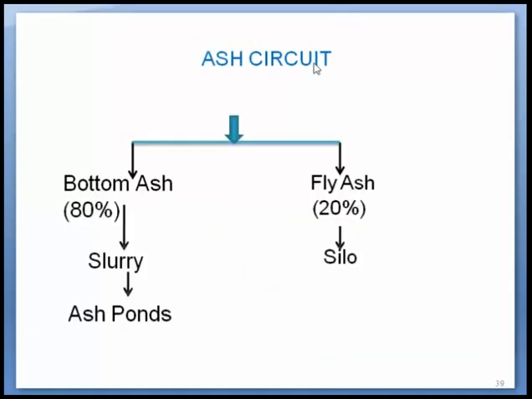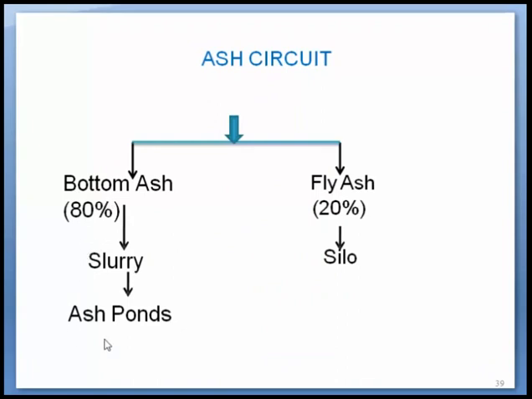Then comes the ash circuit. As we discussed earlier, ash we get in the form of bottom ash constitutes almost 80% of the total ash, and almost 20% of ash goes in the form of fly ash. The bottom ash is mixed with water in the form of slurry.